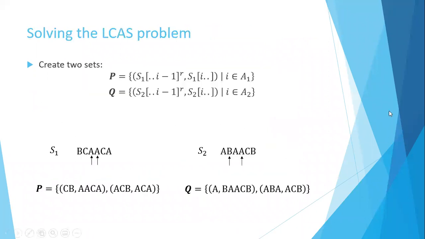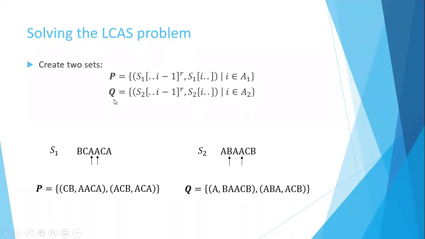For that, we are going to take the sets A1 and A2, and create some other sets, P and Q, from them. For every index I in A1, we add to P a pair of strings: the prefix of S1 that ends at I, reversed, and the suffix of S1 that starts at I to the end.